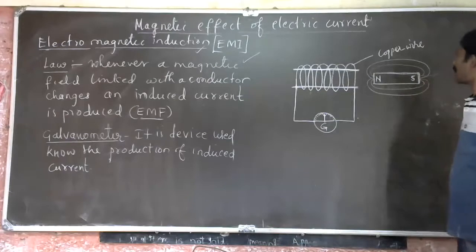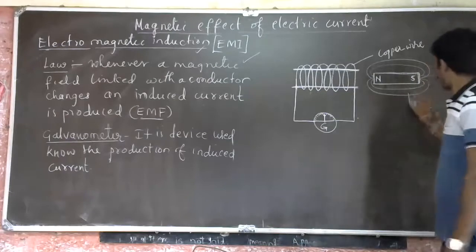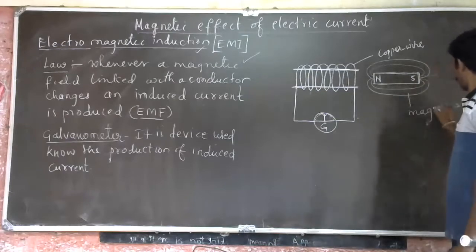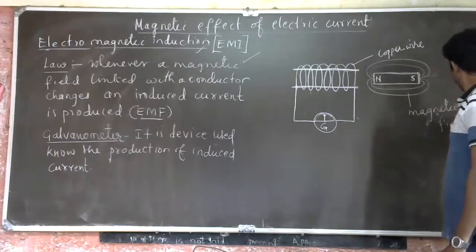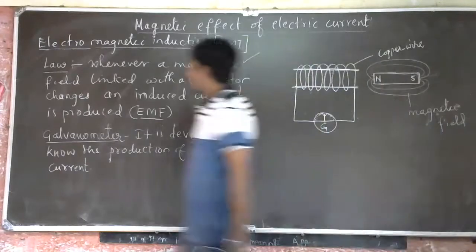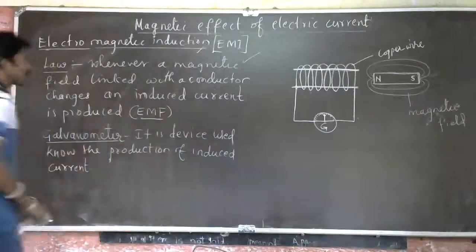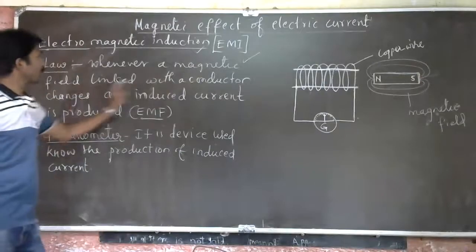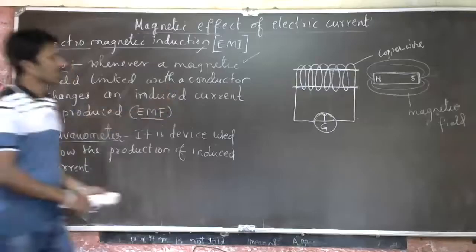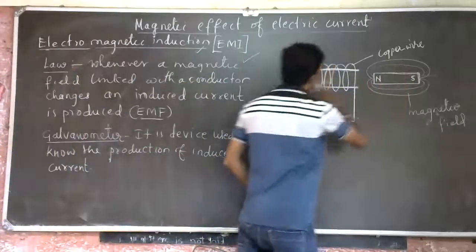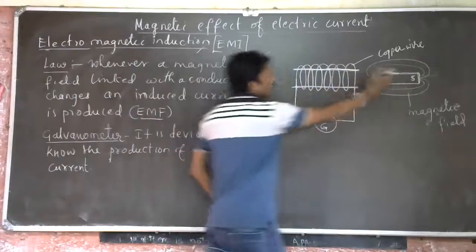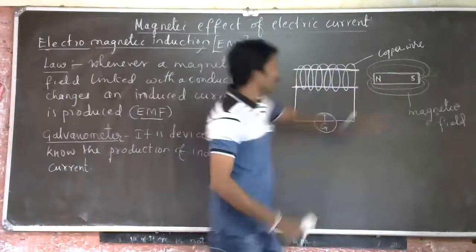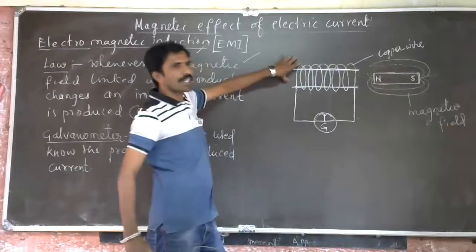So now we'll come back to the law. The law states that whenever a magnetic field linked with a conductor changes. So this is the magnetic field, this is the conductor. The magnetic field is linking with the conductor now.